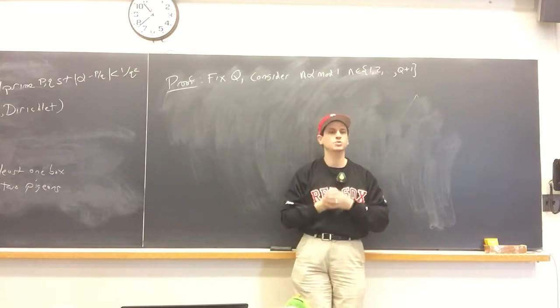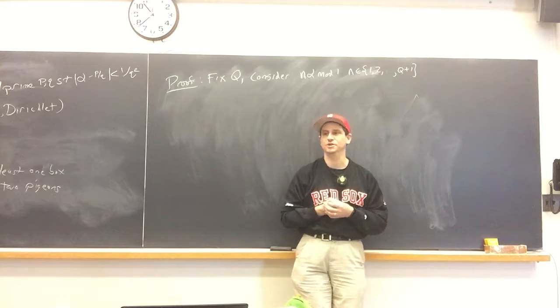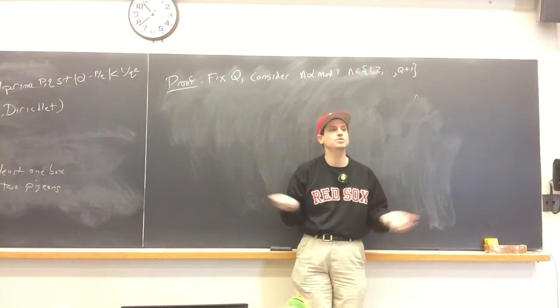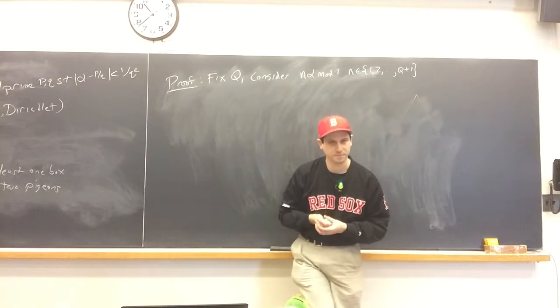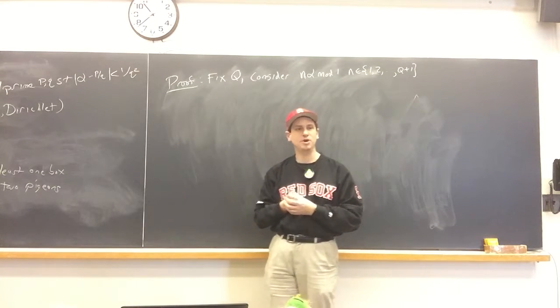So I've got Q plus 1 objects. How many boxes do I want? Yeah, because I want to somehow use the pigeonhole principle. I want to somehow say two of these objects are in the same thing. What do you think my boxes should be?